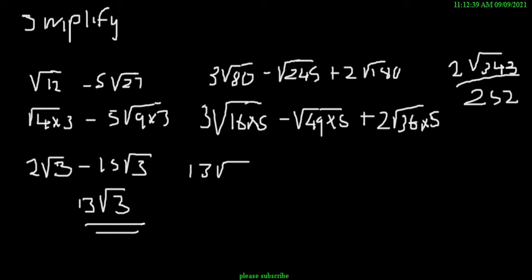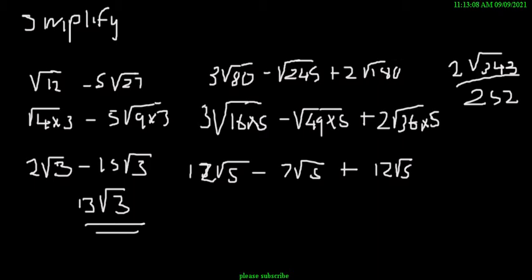So just put 12 here, 12 root of 5. Minus root of 49 is 7, so it's going to be 7 root of 5, plus root of 36 is 6, so 6 times 2, that's 12 root of 5.